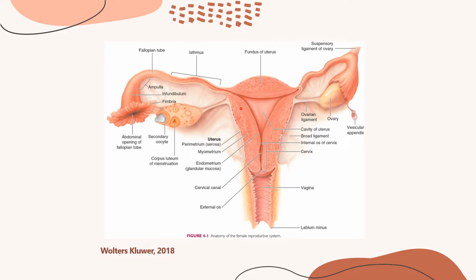Those layers run vertically for one layer, horizontally for another layer, and in a spiral orientation for the 3rd layer. That variety of muscular orientation really allows the uterus to be an amazing contractile organ, which, if we're thinking about the role of the uterus in giving childbirth, is going to become very, very important.